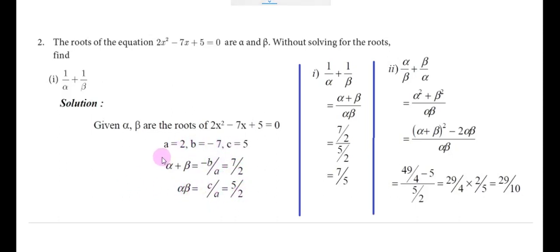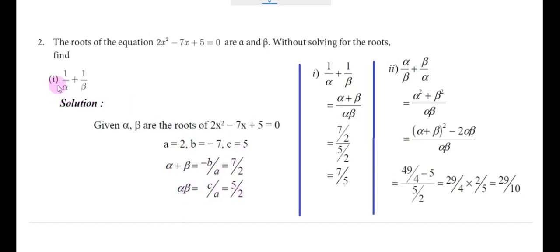Okay, so this one we should find. I repeat, compare this equation with ax square plus bx plus c equal to 0, so that we may find the a, b, c values, and then alpha plus beta is minus b by a, alpha beta is c by a, apply the values, and we will get alpha plus beta 7 by 2, alpha beta equal to 5 by 2. Understood?